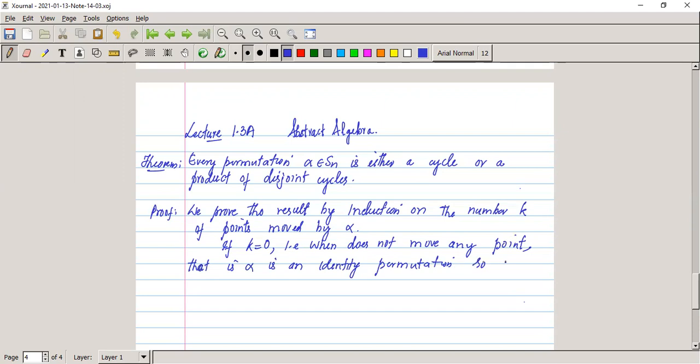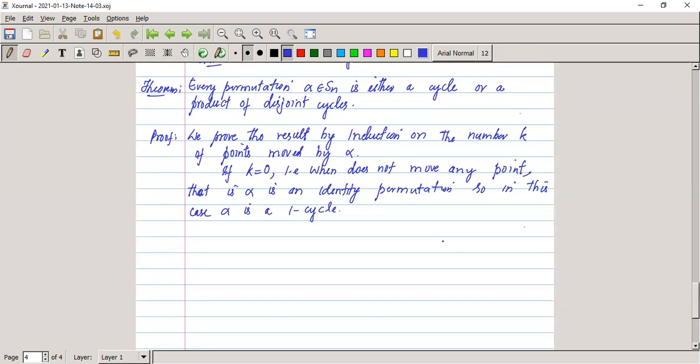So in this case, alpha is a one cycle, because when alpha does not move any point, alpha fixes everything. This kind of permutation is an identity permutation, and the identity permutation is just a one cycle.